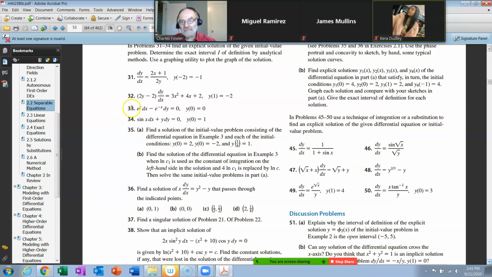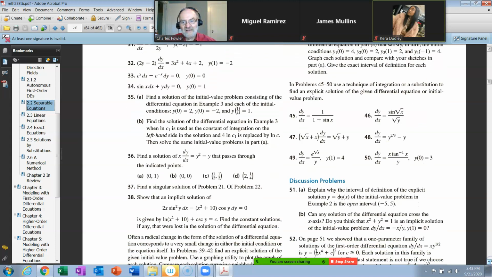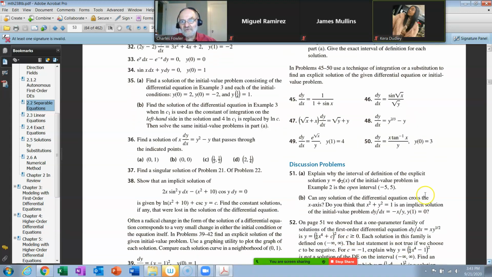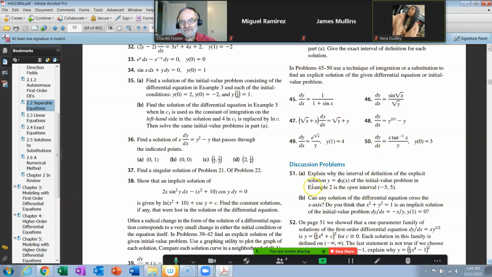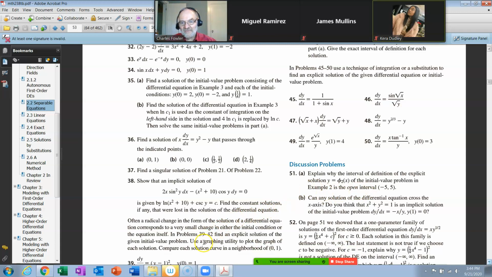If they're in the back of the book, do them. Then 35 or 37 if those are in the back of the book. And then do any of the odds 39 to 41 if they're in the back of the book.